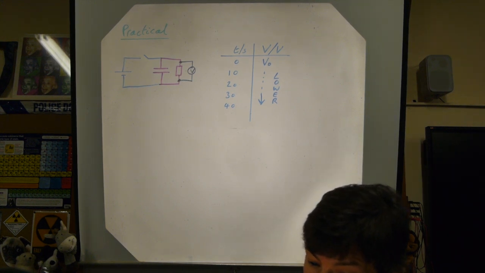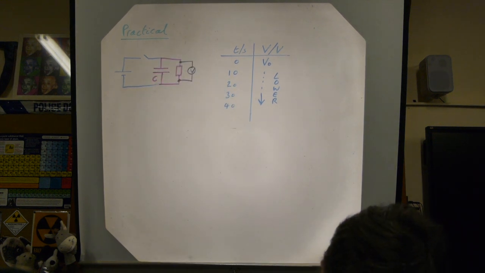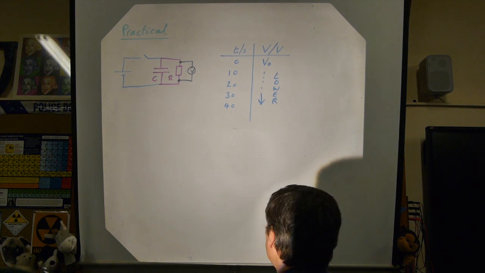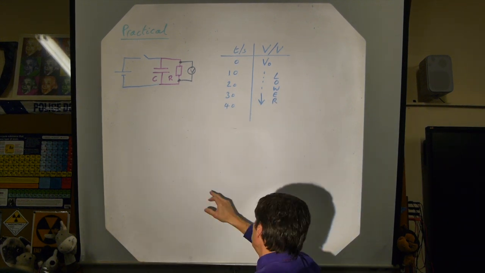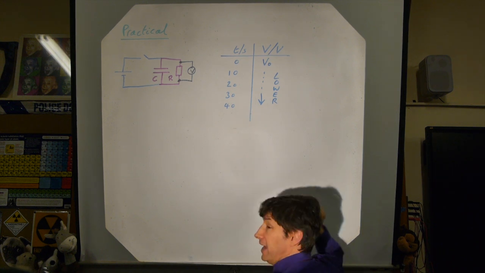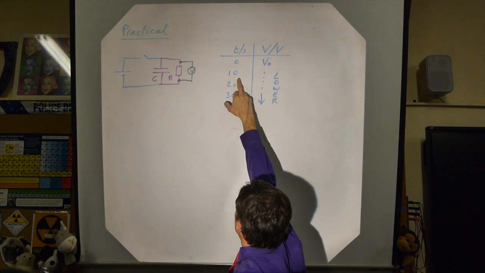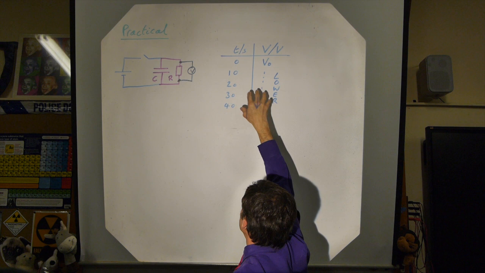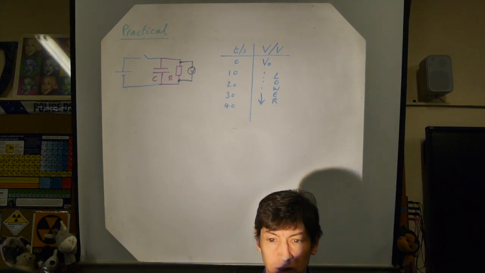And it's good to label all the bits that are important. There's C and there's R. And you would plot a graph, and I'm not going to do it because I've done it already. You would get the exponential decay of voltage. And I would then ask you, what's the fractional drop between here and here, between here and here, and it will always drop by the same fraction, the same kind of multiplier.